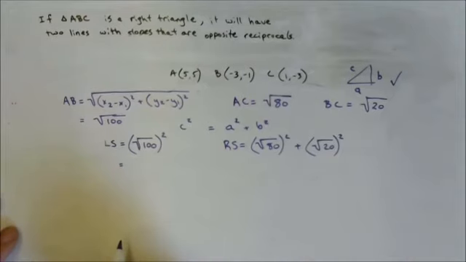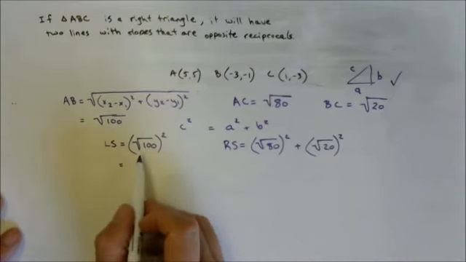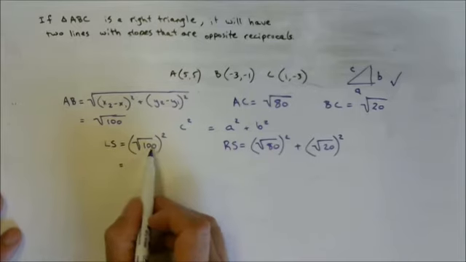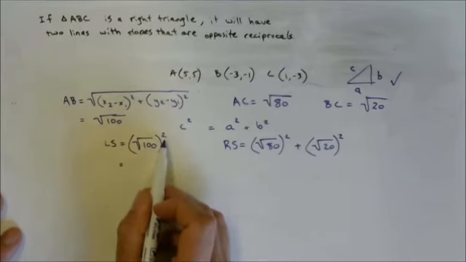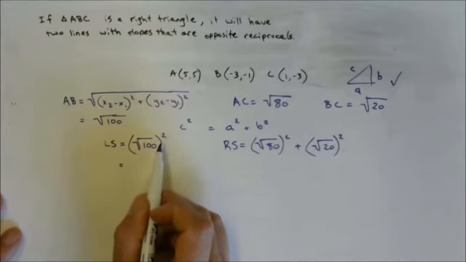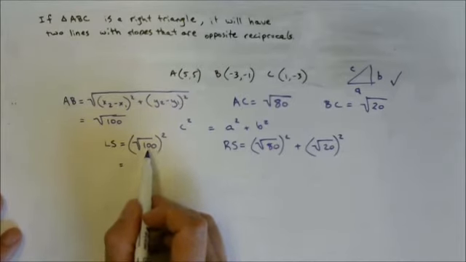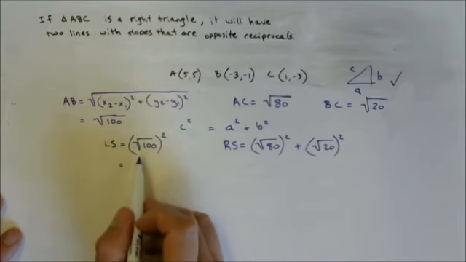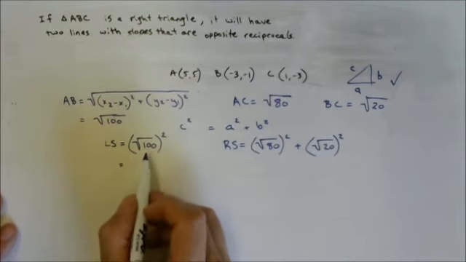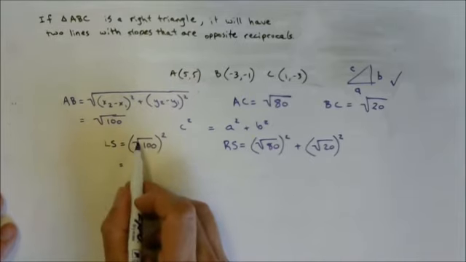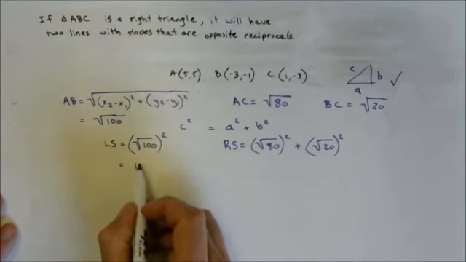You will need to know how to do this. If I take a number, square root it, and then square it, what happens? It's just the number itself. I'm doing inverse operations, doing something and then doing the opposite, like adding 5 and then taking away 5. What do you have? The same number. So the square root of 100 is 10, and 10 squared is 100.